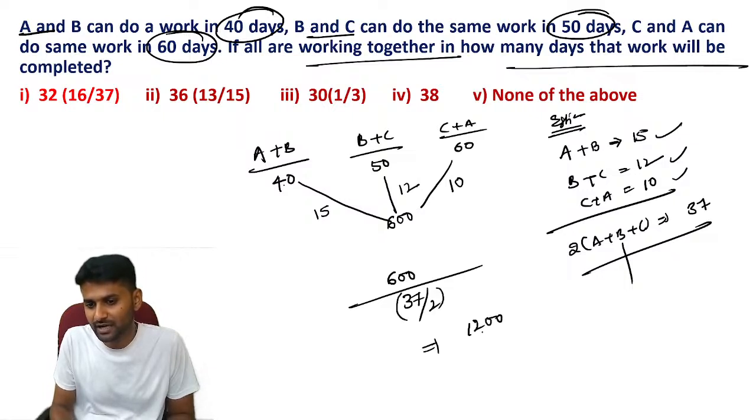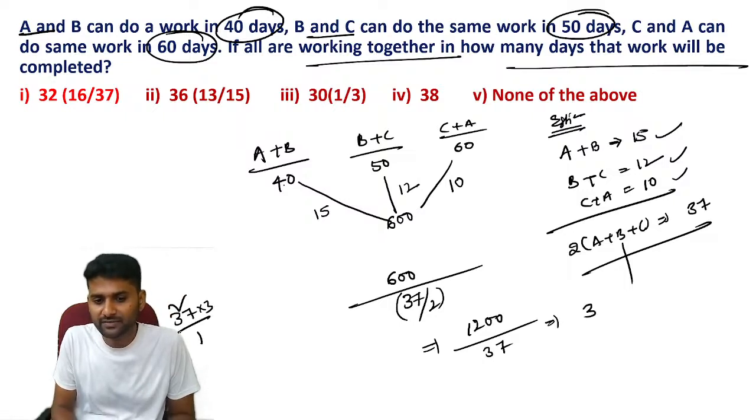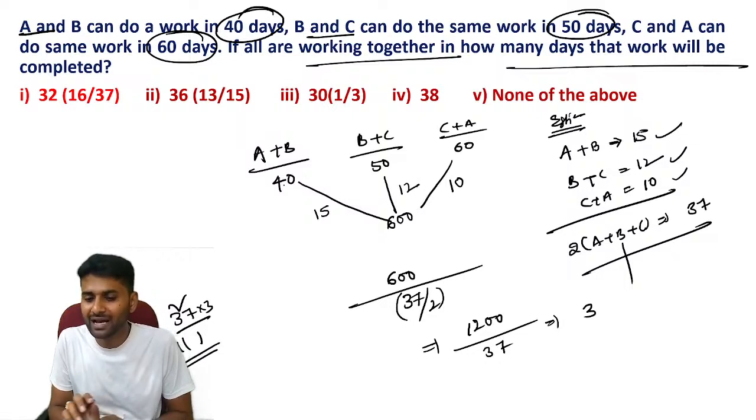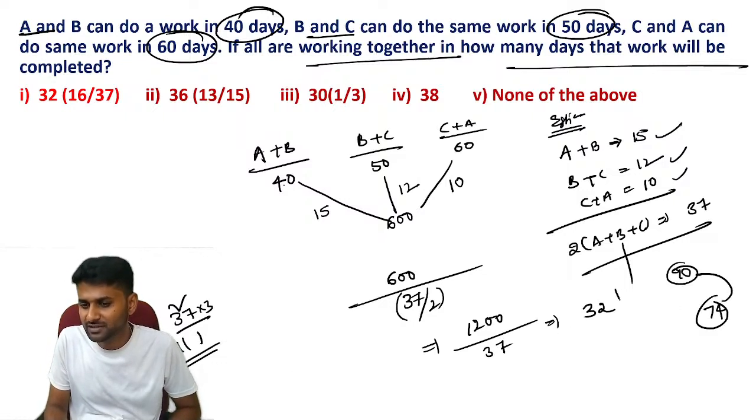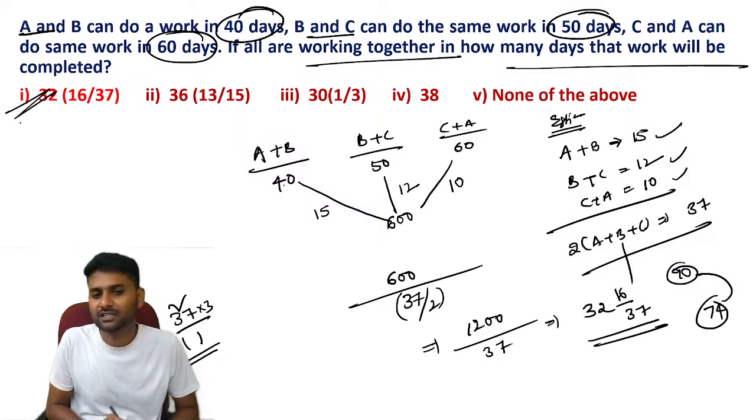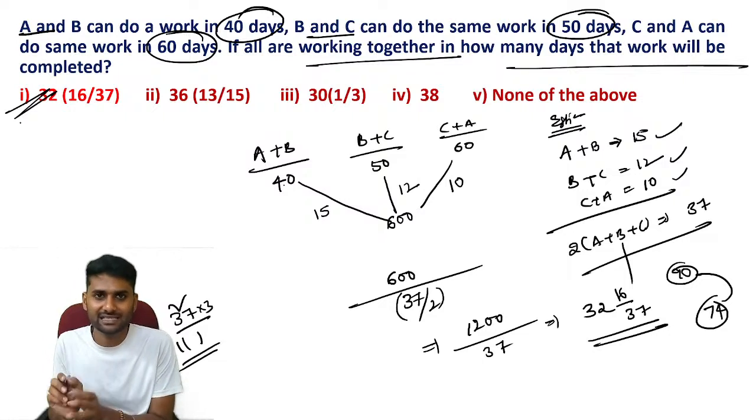It becomes 1200 divided by 37. So 37 into 3 is equal to 111. So we are left with 90, right? Again, 37 multiplied by 2 is 74. How much is the difference here? 16 by 37. So you have to choose your option: 32, 16 by 37 days.